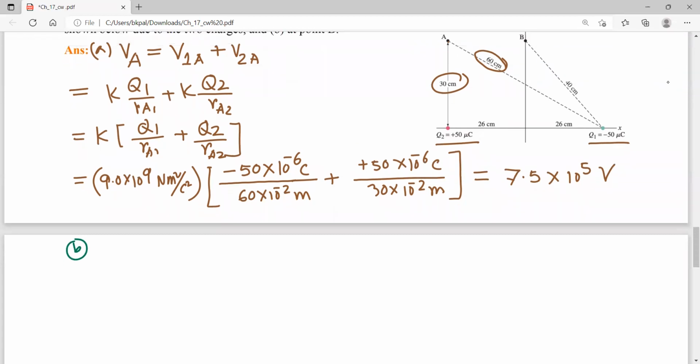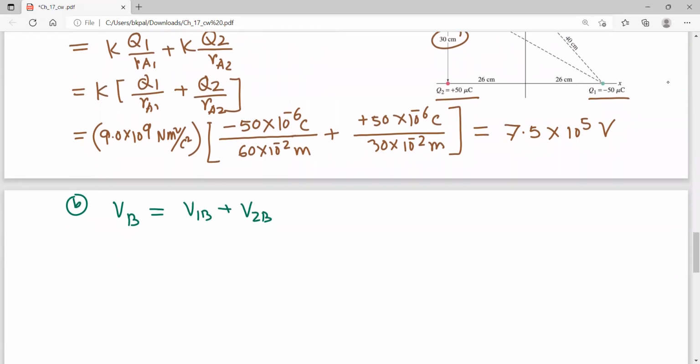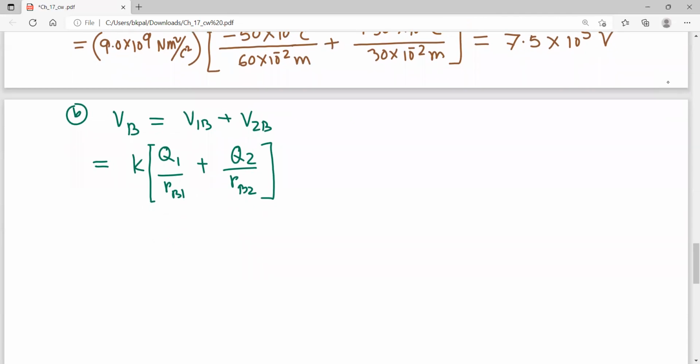Similarly, we can calculate VB. VB is V1B plus V2B. Again, it will be K Q1 over RB1 plus K Q2 over RB2. So let me take K out. What is K?